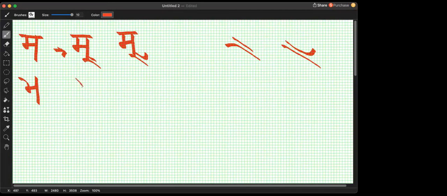Say suppose you want to write ma, mr. This is mru. You want to write mru, so you draw the u matra and gently lift it up and leave it like this. That's it. This is mru.